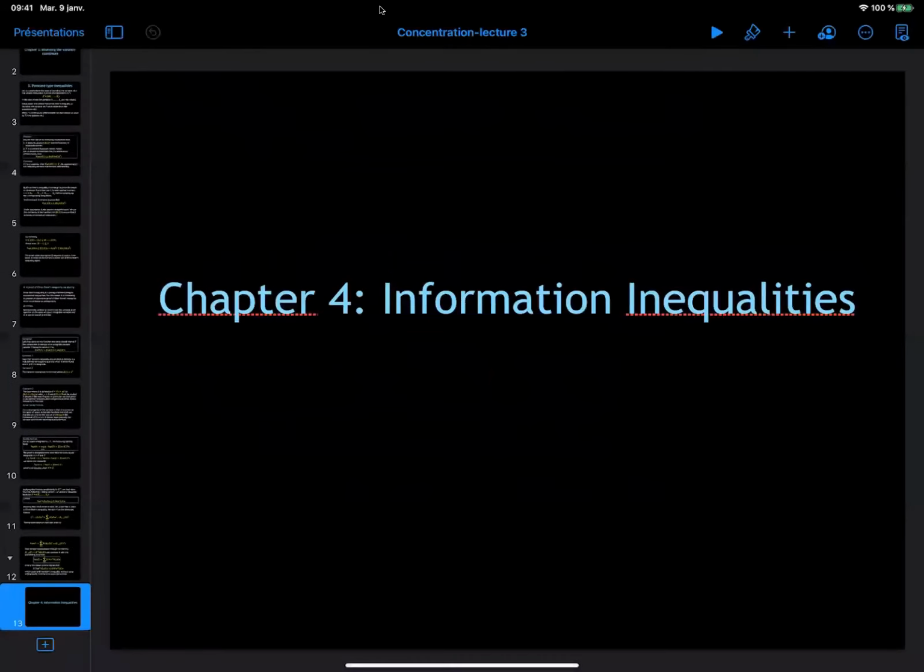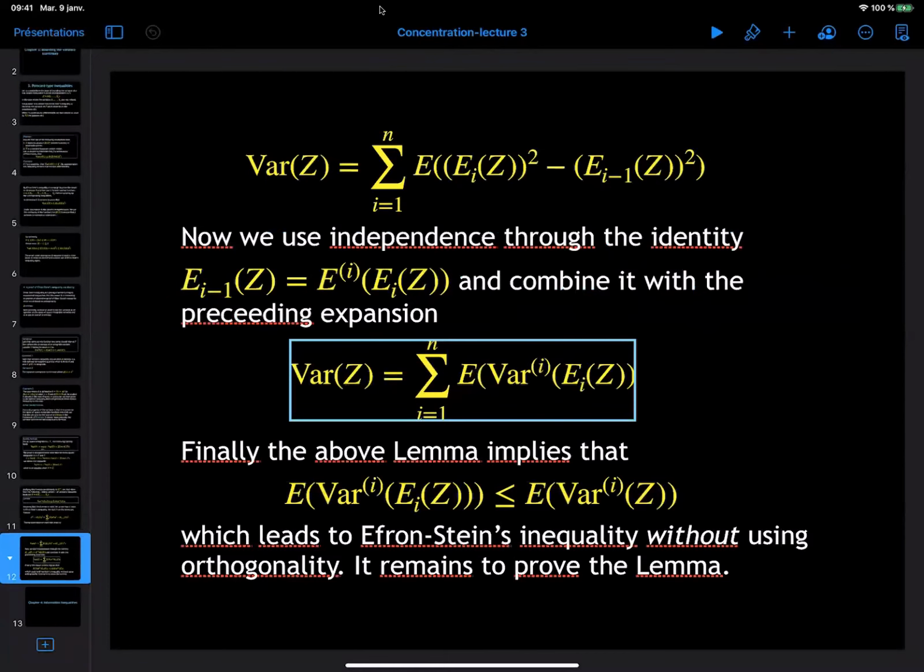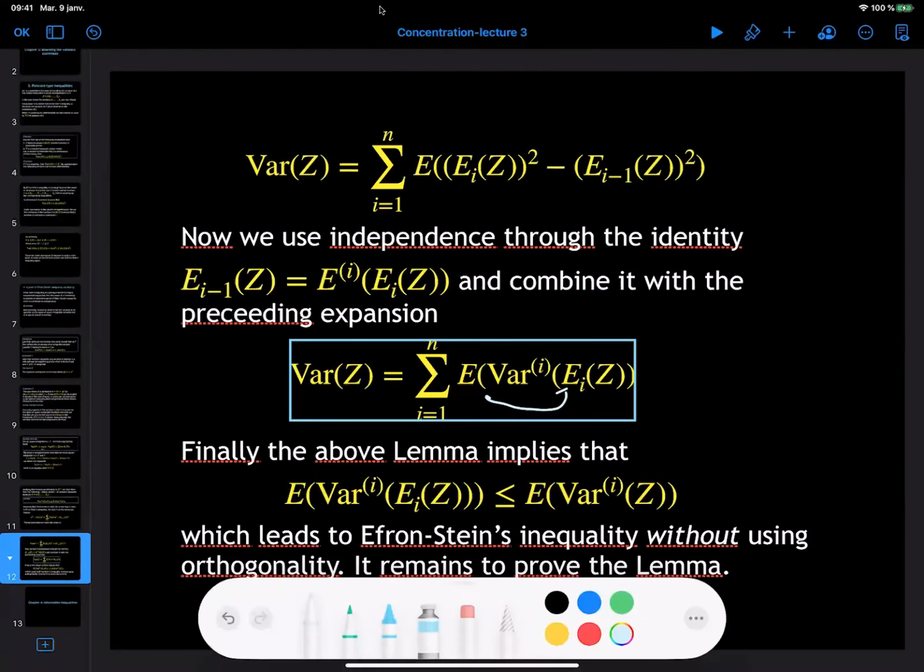So now, before the coffee break, I just want to show you how to prove this lemma.